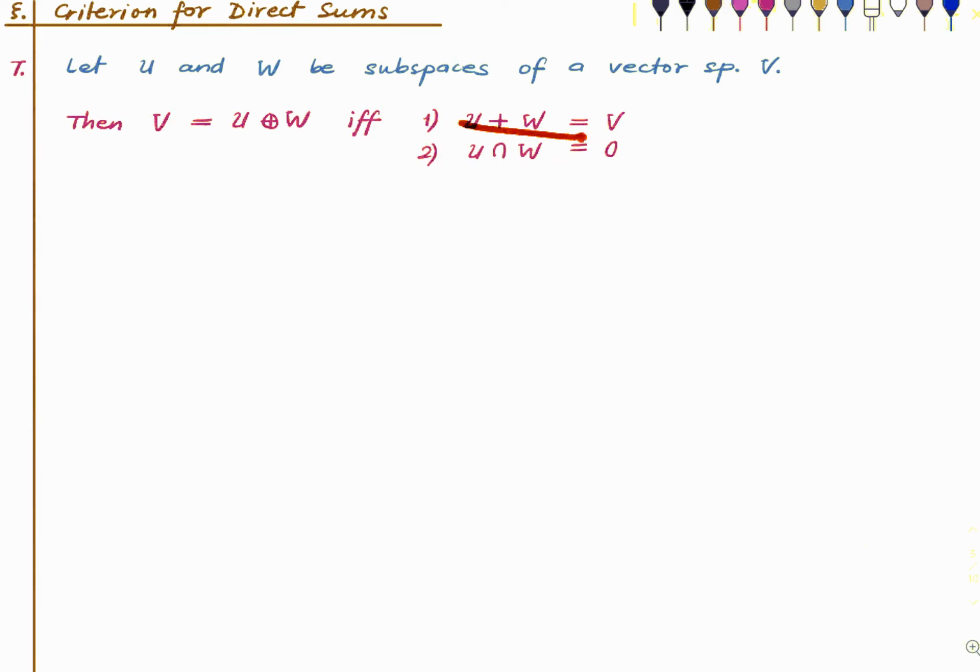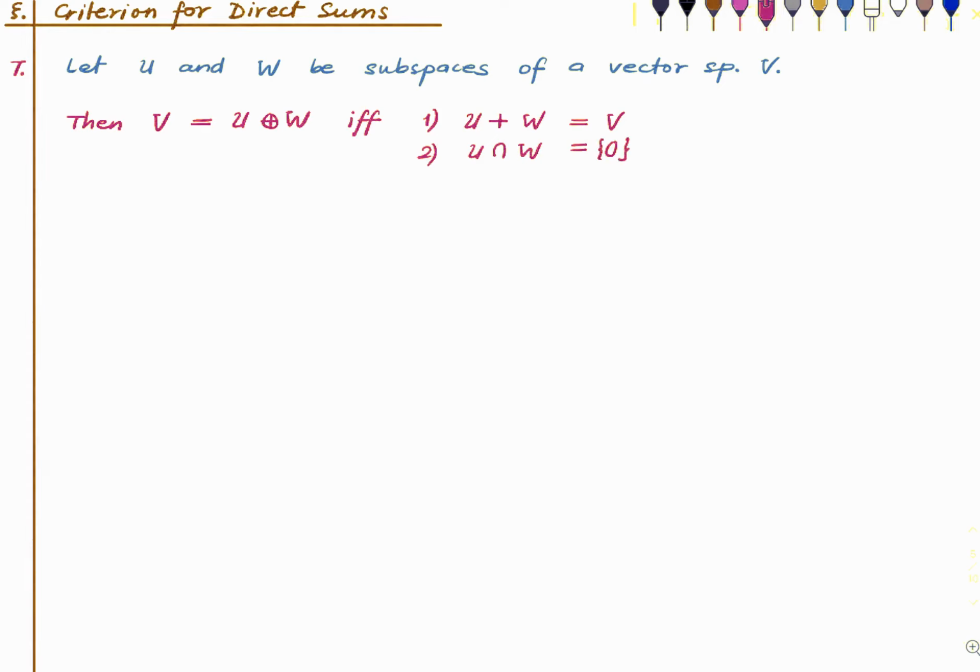First condition is that U and W together span the entire vector space. And the second is that the vector spaces U and W should not intersect, or rather they should intersect only trivially. Of course, any two subspaces will intersect in the zero vector, I shouldn't call it the origin. The zero vector, I should also maybe make curly braces around it.